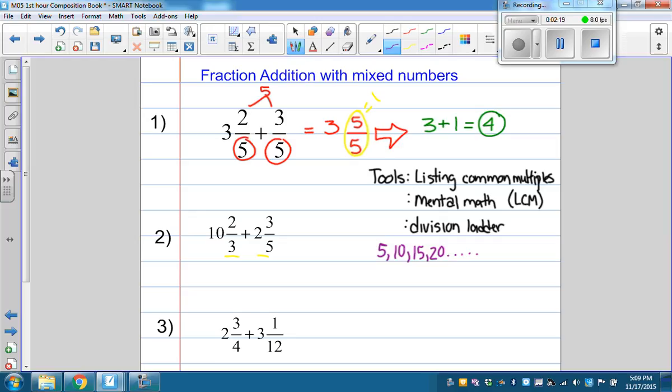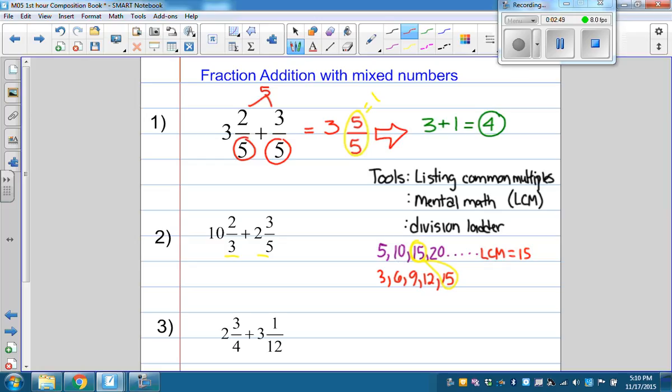So some of you may already know this, that that's 15. If you didn't, you could list the multiples of 3 in order from low to high, and you'll see the first number both 5 and 3 have in common is 15. So that's our least common multiple, which is going to be our common denominator.